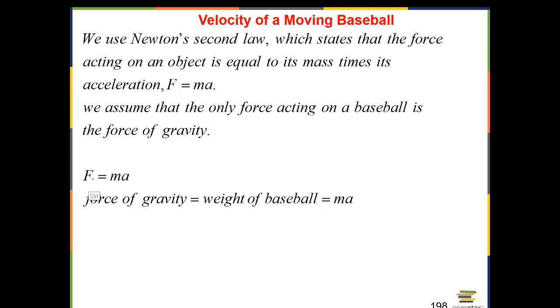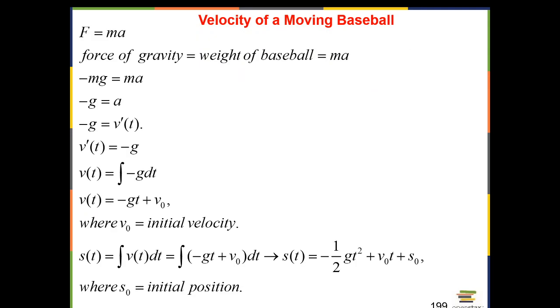ma, right? So you see this F here is the force of gravity, which is the weight of the baseball. And the weight of the baseball has to be equal to ma, right? But what is the weight of an object? In physics, you know the weight of an object is mg. And since this is the planet and the object is falling this way, then this vector is negative g, right?